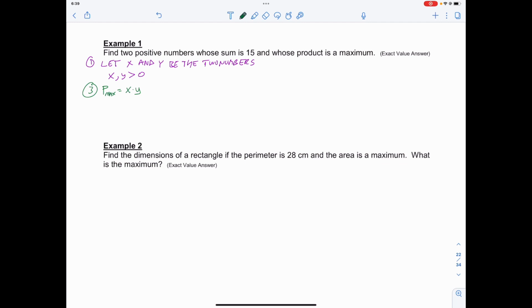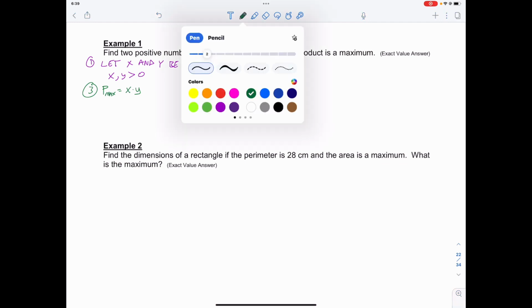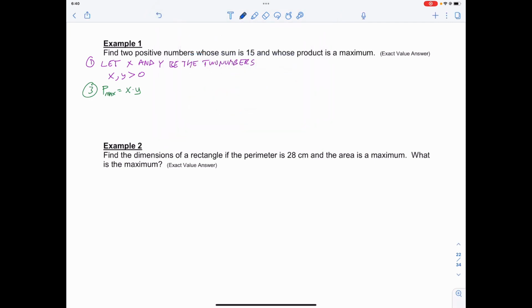Now for step 4, we're going to do that substitution so that we can make it be one variable instead of two. And this is where the part where their sum is 15 is going to play into this. If we know that x plus y is equal to 15, then we know that y has to be the same as 15 minus x.